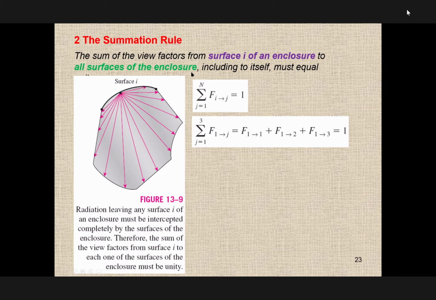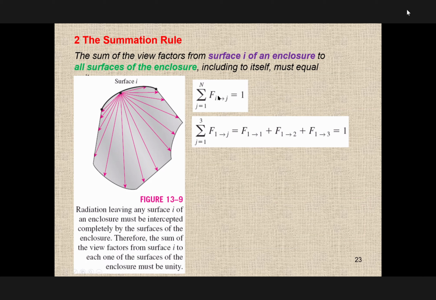Therefore, the summation rule says the shear factor to this surface, this surface, this surface, summed over all, means that a portion of the energy emitted from this point will be absorbed here, a portion here, a portion here, and if you add them up, all of it will eventually be absorbed by the surfaces of the walls.